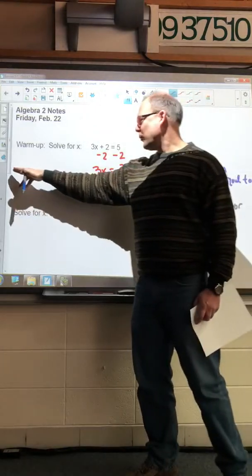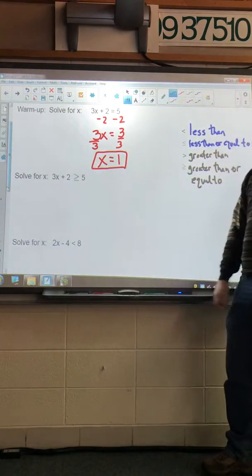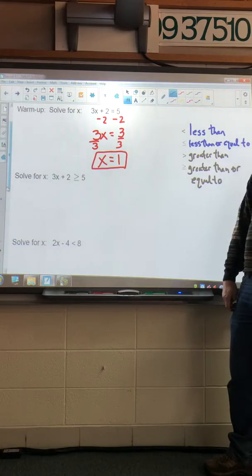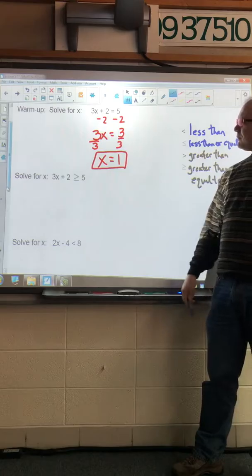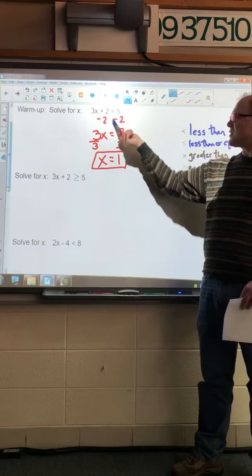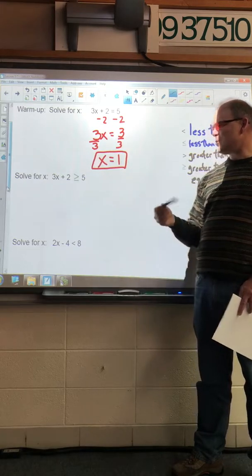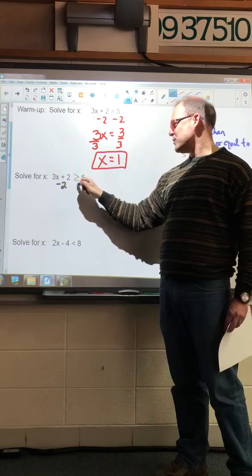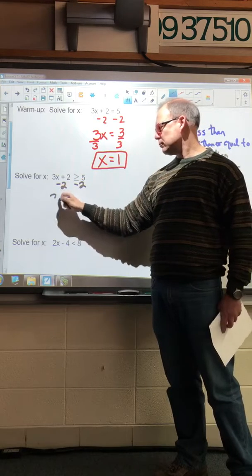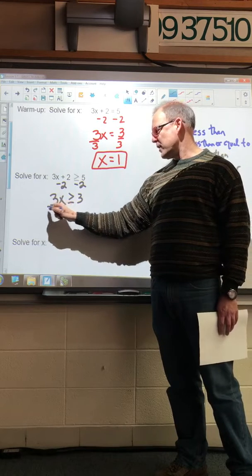Okay, so this next example we're going to do pretty much the exact same steps as we did in the previous example. The only difference is it's not an equation anymore. So instead of the equal sign, we have greater than or equal to. But the steps will still be the same. So we'll subtract 2 and divide by 3.